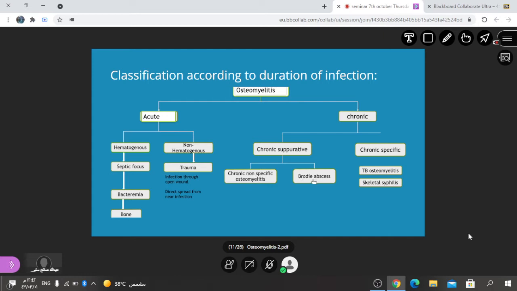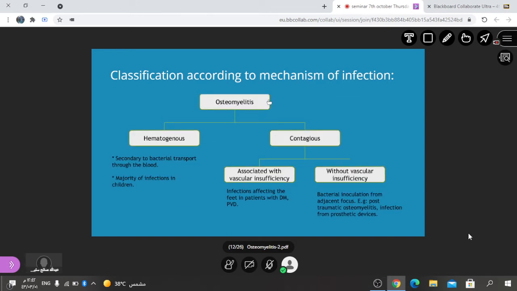And also we have Brodie's abscess, which I found in some books is written under the subacute classification of osteomyelitis. It is a chronic infection but lacks the systemic manifestations, and is mostly seen in patients with a strong immune system.